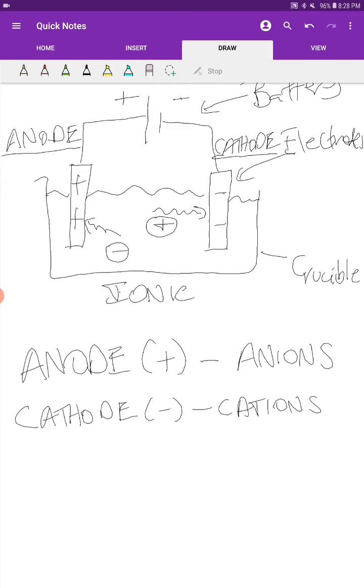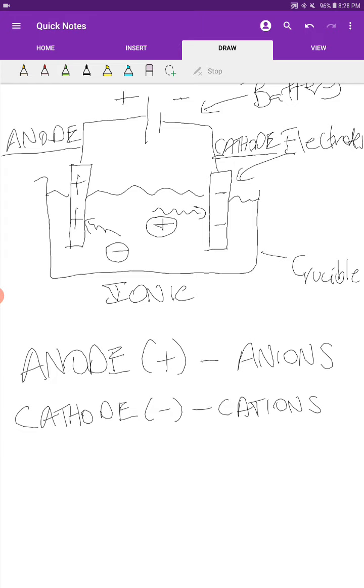All right? But one of the things that happens is that at the anode, when the negatively charged ion becomes discharged, it loses electrons. And at the cathode, when the positively charged ion gets there, it gains electrons.